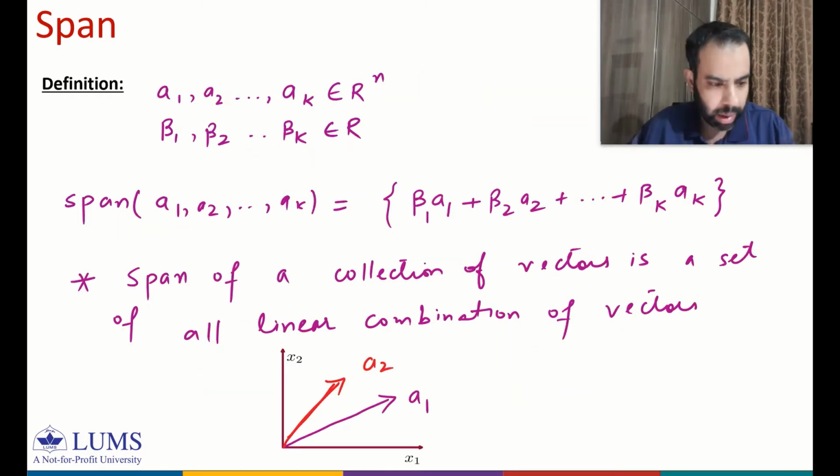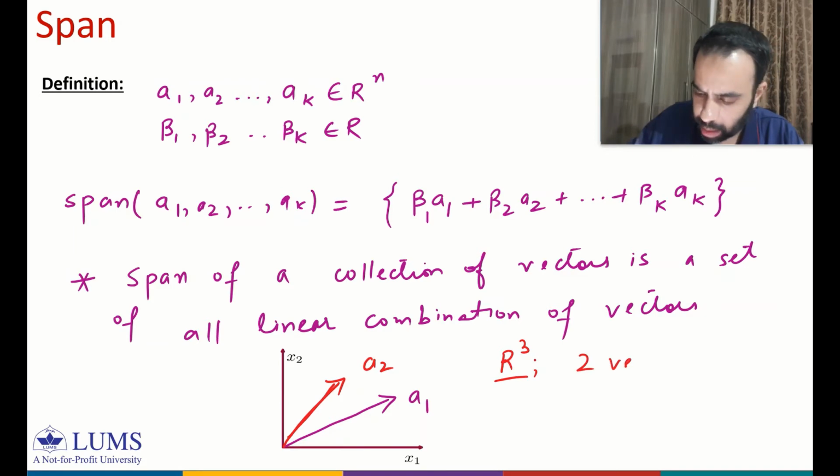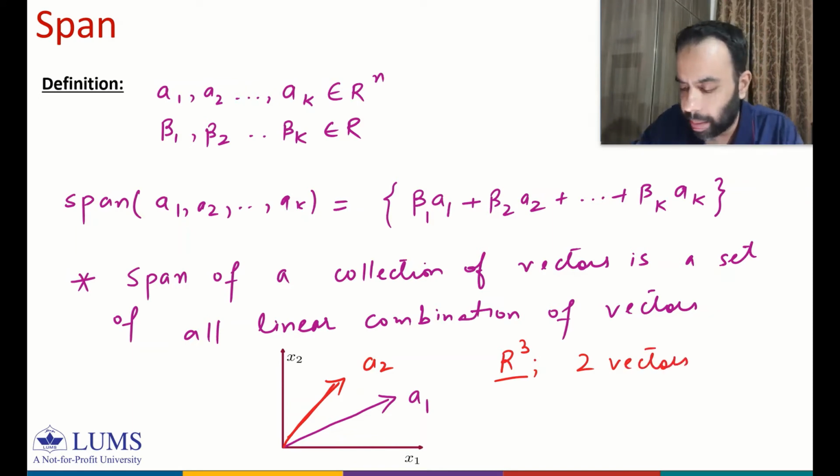Right? So similarly, say we're in R3, and if we take two vectors and they are not collinear, or they're linearly independent, we'll talk about linear independence very shortly.